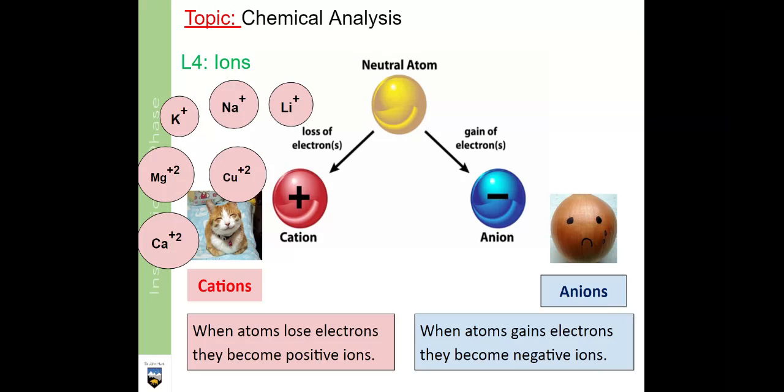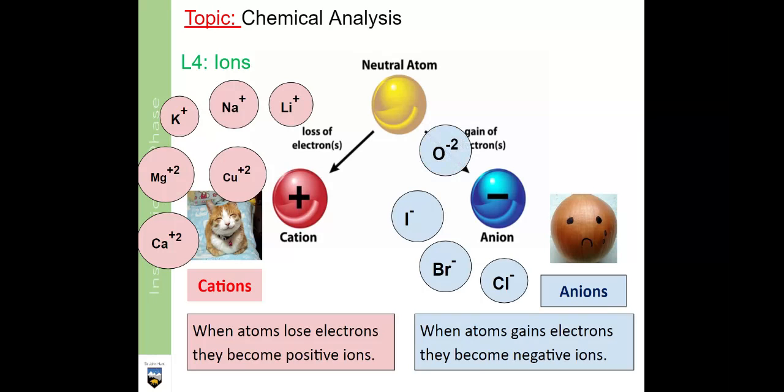So, for example, we've got a chloride ion, a bromide ion, an iodide ion. Remember, these ions are formed from group 7 elements, which means they are halide ions. We've also got an oxide ion, a non-metal ion.